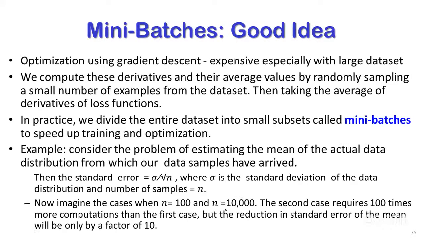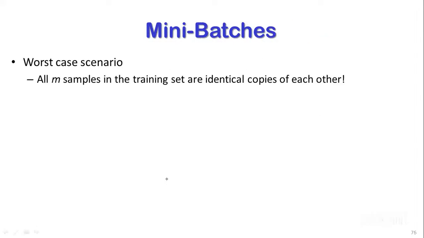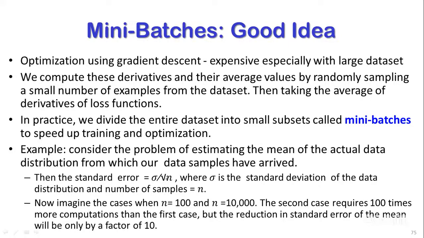If you want to know how many times it is going to run, then there is a 100 times difference. But in the performance, you can see what is happening. In the first case, you get 10, in the second case, you get 100. Now here you can see the square root of 100 and the square root of 10,000, right?